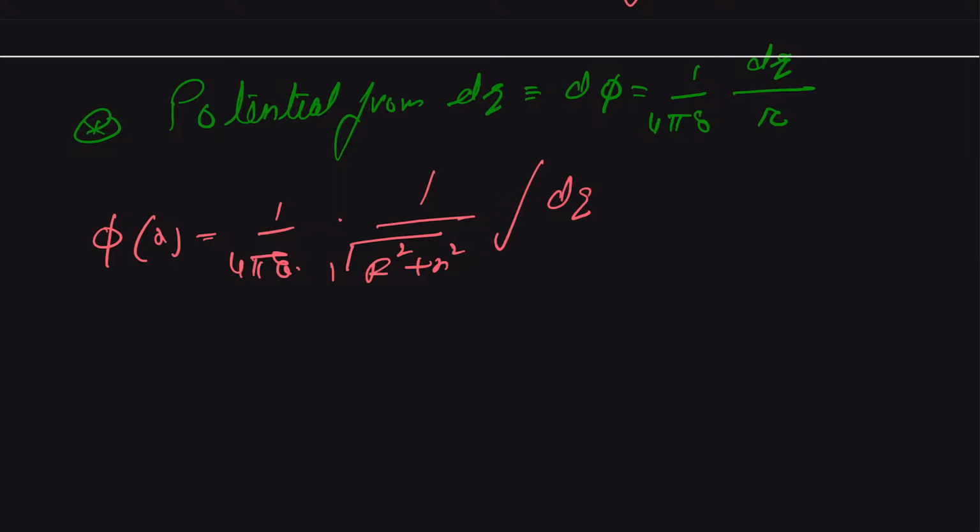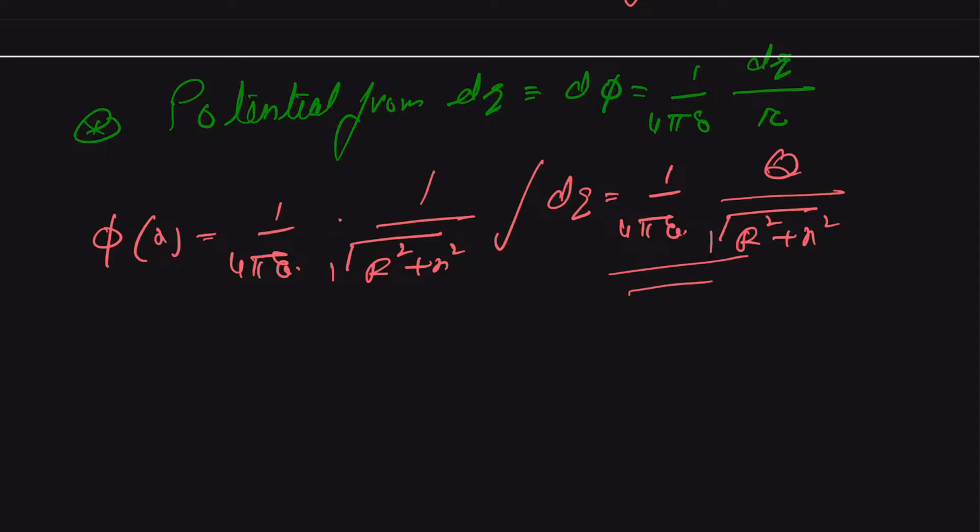And this dq is nothing but q, so we get 1 upon 4 pi epsilon naught, q upon the square root of r square plus x square. So this is the value of our potential at x.